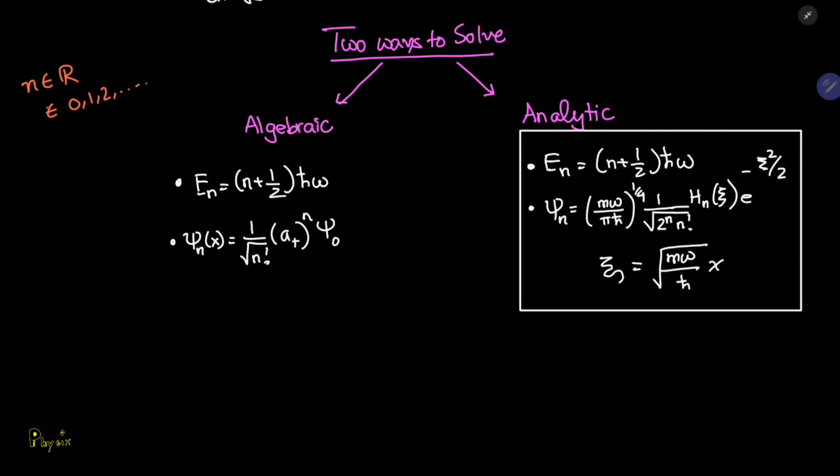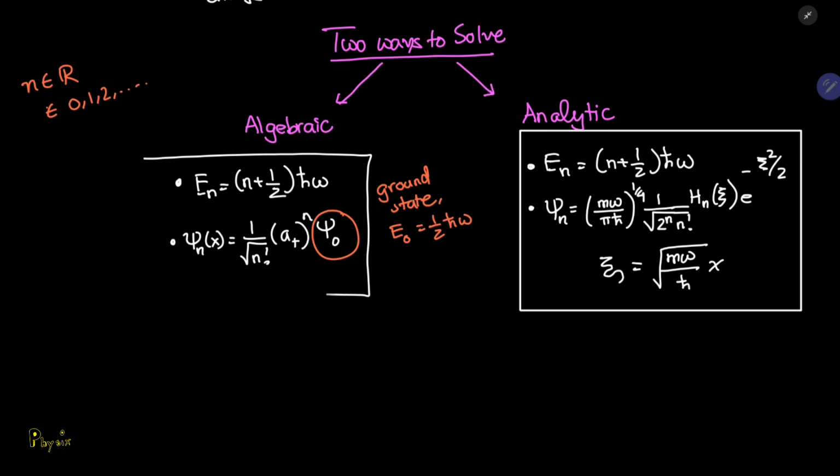Here psi 0 is the ground state, which has energy E sub 0 equal to 1/2 h bar omega. So this is what you get for your algebraic solution.